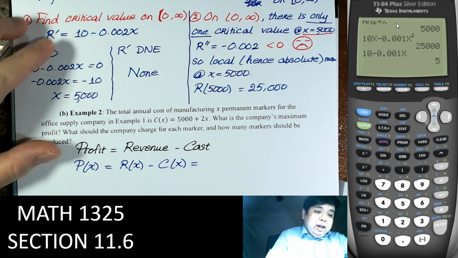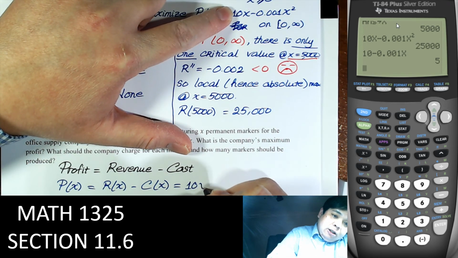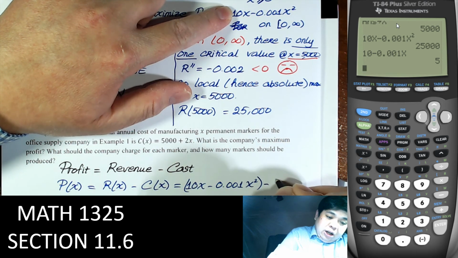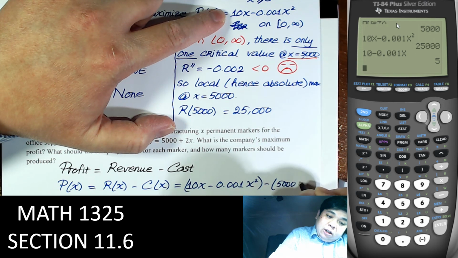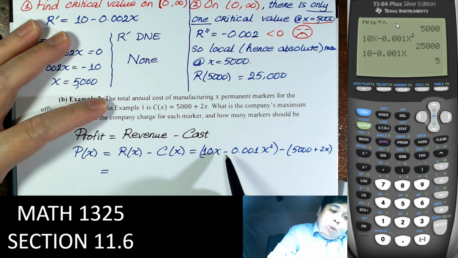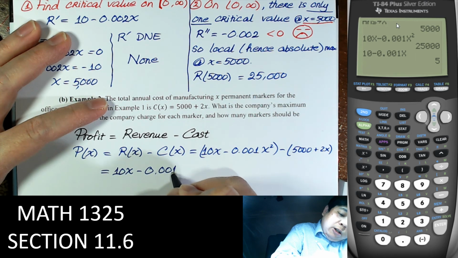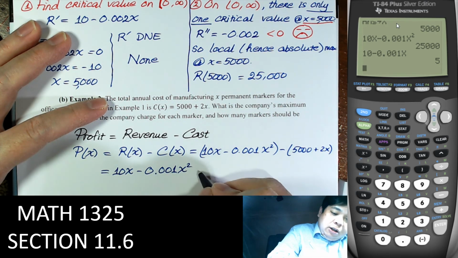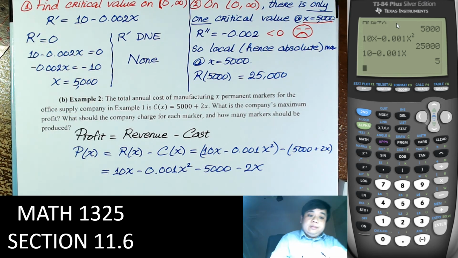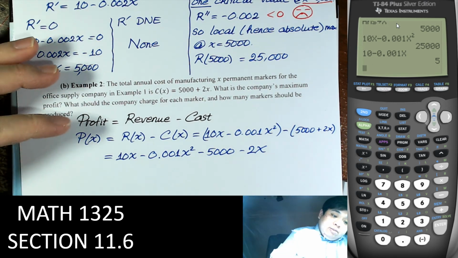The revenue is this: 10x minus 0.001x squared. The cost is 5,000 plus 2x. By simplifying this, we have 10x minus 0.001x squared minus 5,000 minus 2x. Right, simplify this: 10x minus 2x is 8x.